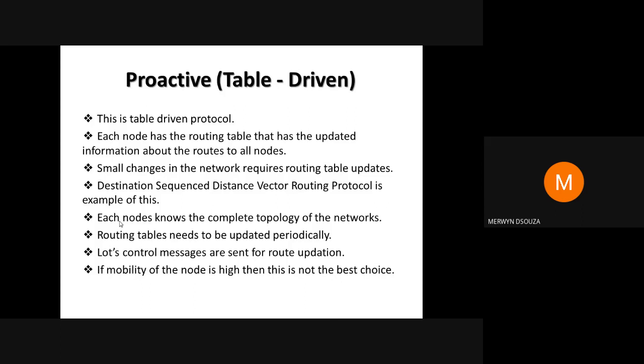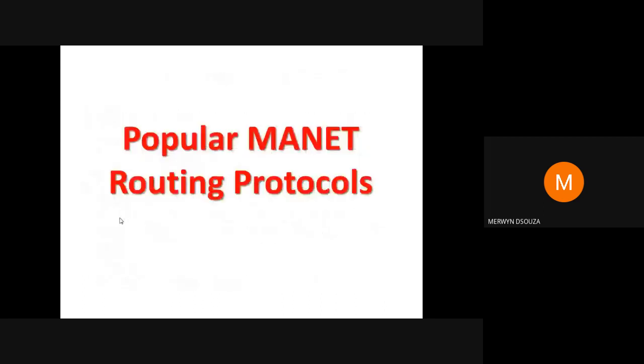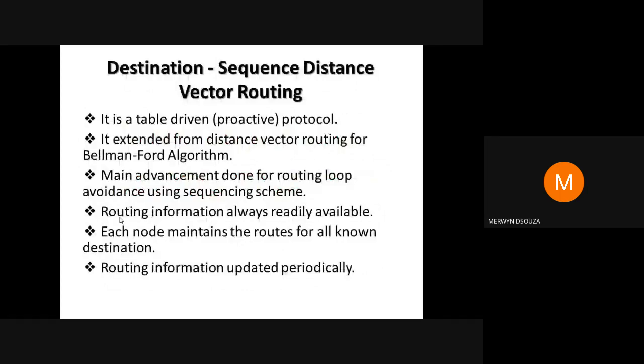With respect to these two slides, let us study the MANET protocols for routing. Let's start today with the first one out of the 4 that you need to study.